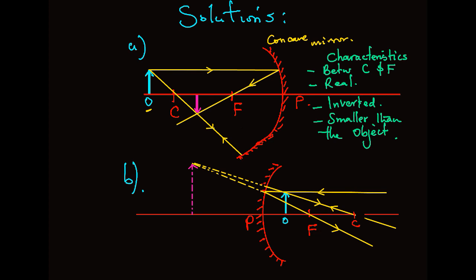So the characteristics of the images formed when the object is between P and F are as follows.